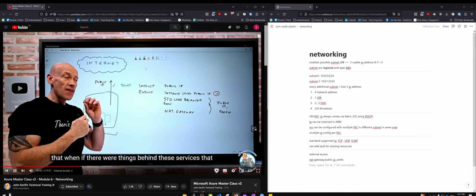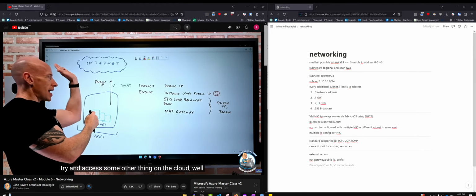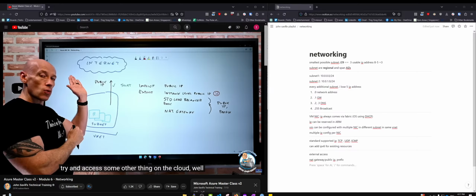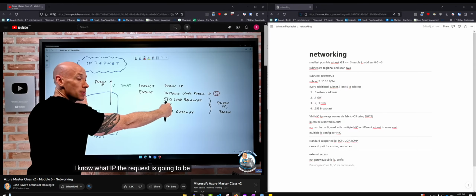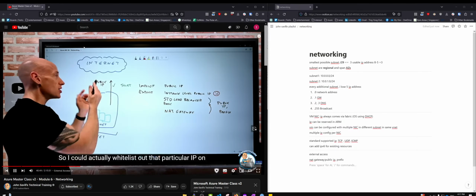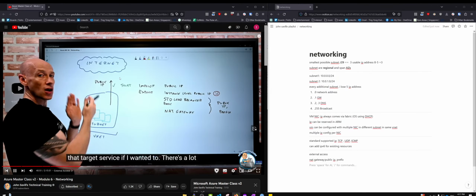So if there are things behind these services that try to access some other thing on the cloud, I know what IP the request is going to be coming from, so I could whitelist that particular IP on the target service if I wanted to.